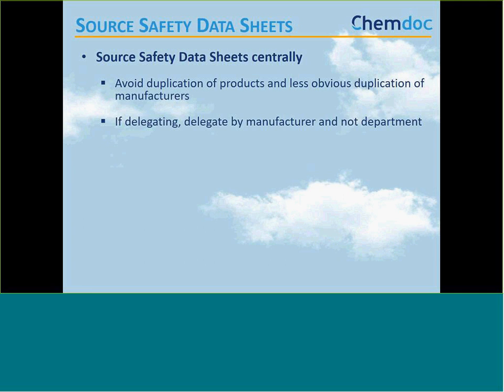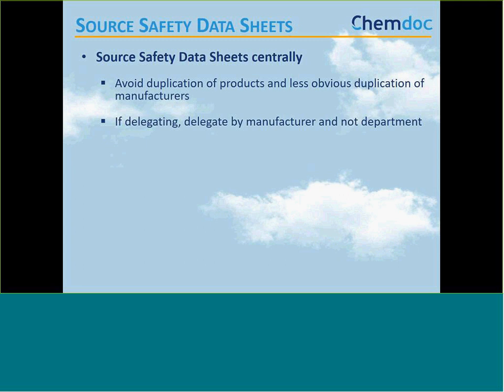What that means is, for example, the bleach we mentioned in the previous slide, a common cleaning product like that, could be used maybe in 4 to 5 departments in your business. You could have 4 different people all going off sourcing that same safety data sheet, which is a duplication of work. If you put them together centrally, one person will see this is used in 4 departments, and they'll go get the safety data sheet once and assign it to all 4.